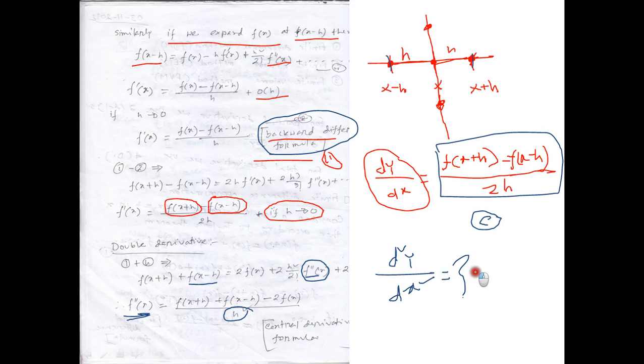So we have this equation: f(x plus a), minus 2 times the value at point x, f(x), plus the value at the backward point f(x minus a), divided by a square.